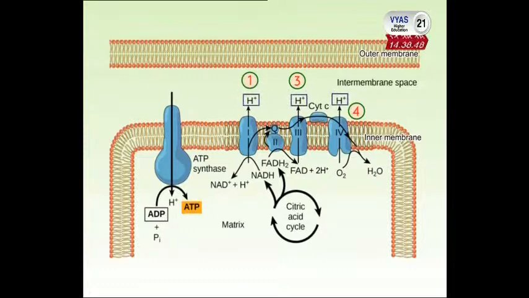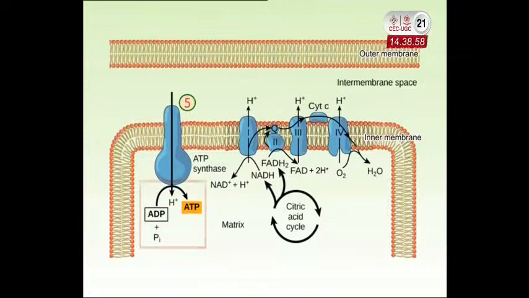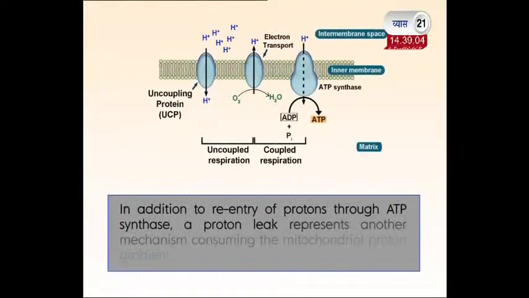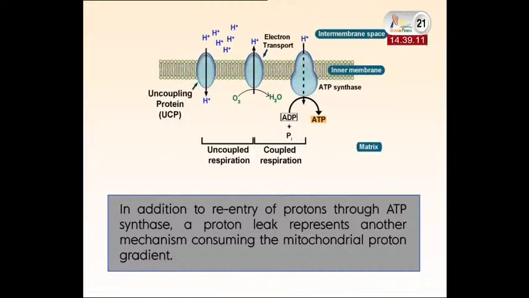Complex 1, 3, and 4 pump protons outside the inner membrane during reoxidation of coenzymes and generate a proton gradient that is consumed by complex 5 or ATP synthase, which catalyzes ATP synthesis. In addition to re-entry of protons through ATP synthase, a proton leak represents another mechanism consuming the mitochondrial proton gradient.